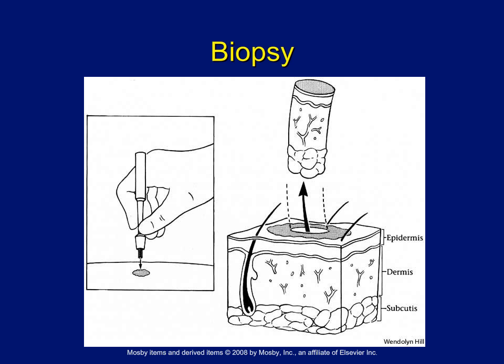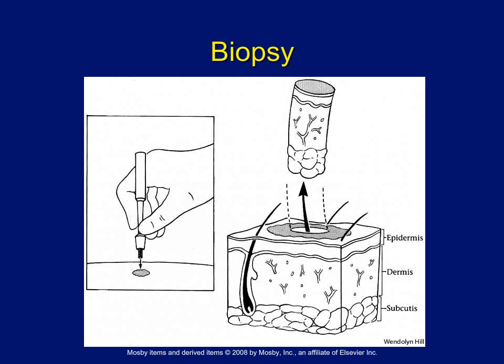Of course, before we can look at a tissue under the microscope, we actually need to collect that tissue. And in a hospital or in a veterinary clinic, that's going to be done through something called biopsy. And biopsy is just a small surgical excision of tissue for histopathological analysis.